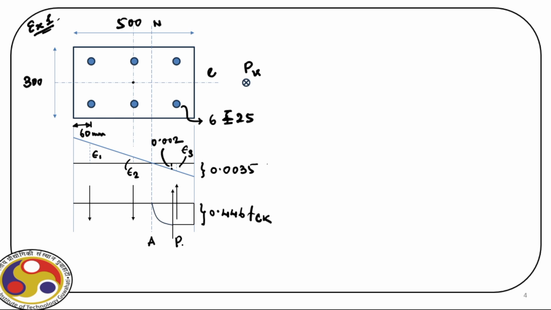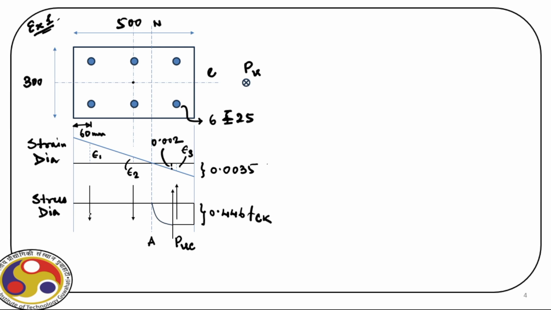So the compressive force from concrete, we get it here, that passes through the CG of this stress block, having parabolic initially and then rectangular as per codal provisions. So the strain diagram is shown, and here we have the stress diagram.